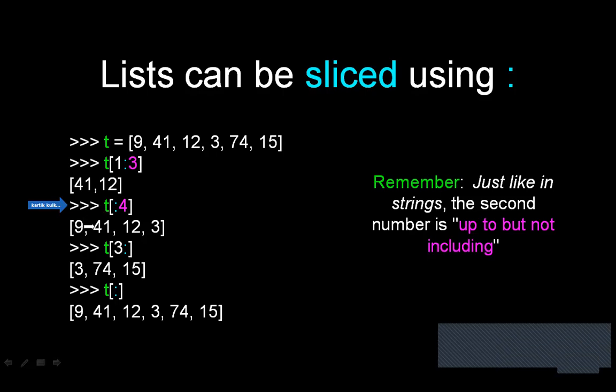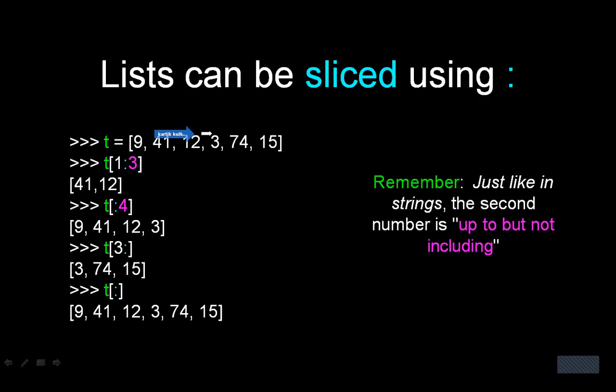Now if I have not specified the starting index number, what value is going to be taken? By default it always begins with 0. So you will get the output here as 9, because index number 0, index number 1, index number 2, and index number 3.